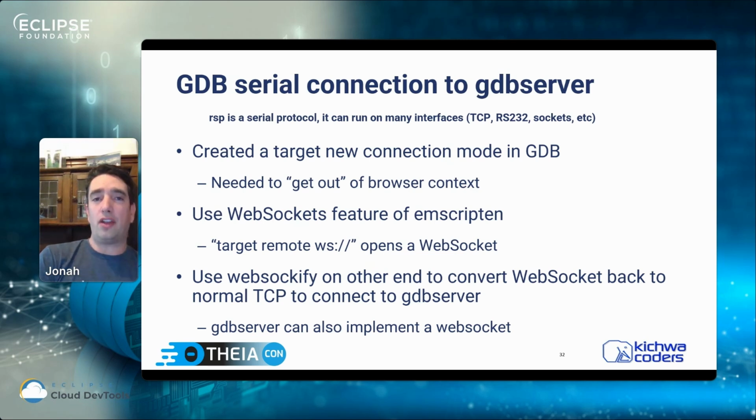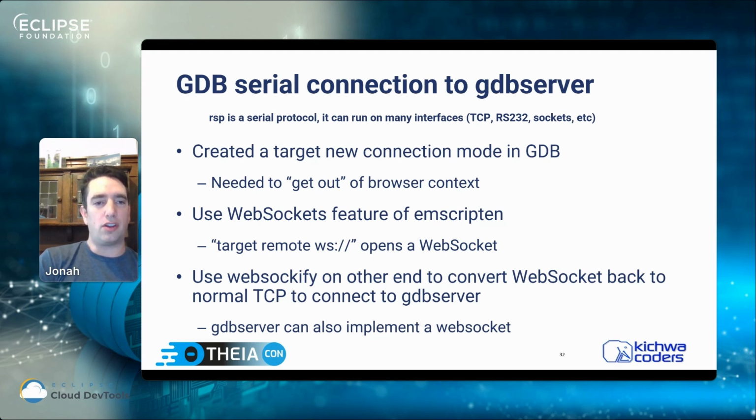So on the RSP side, what we did is we modified GDB to add a new connection mode. Anyone who's used GDB will be familiar with the command target remote, and then you give an IP address or a serial port, or sometimes some additional options. We added a new option, which is target remote ws://, which is a typical way of saying a WebSocket, and that will fall into the WebSocket implementation of making a communication.